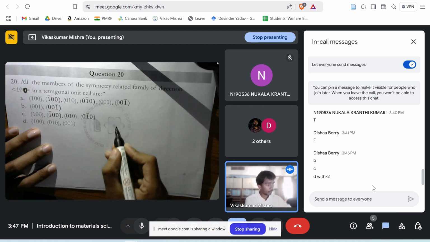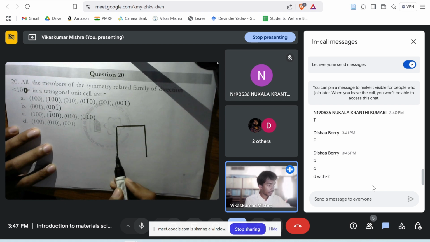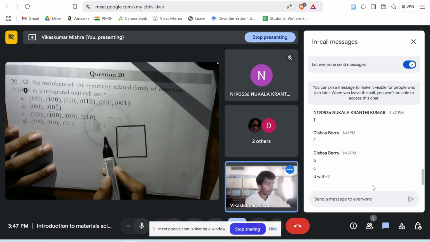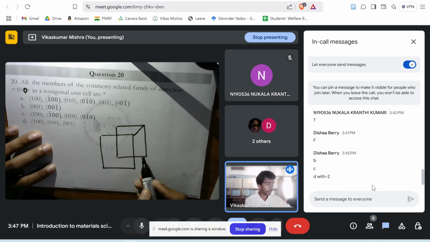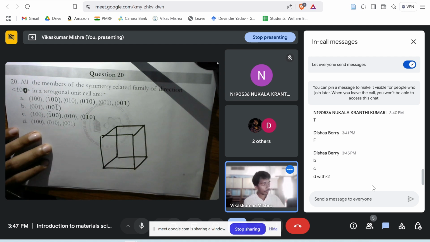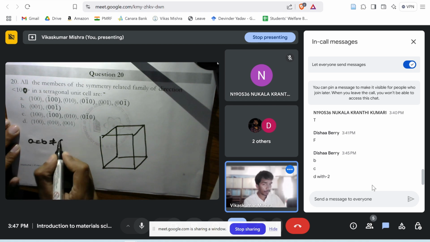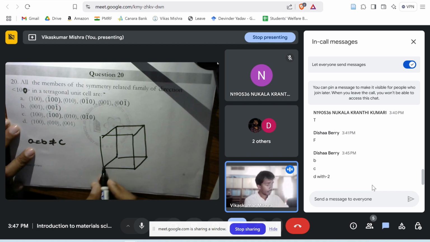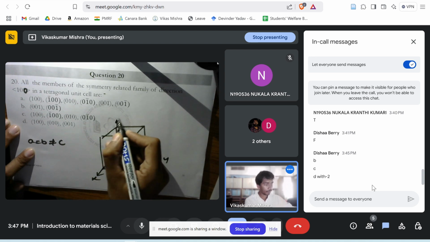In the tetragonal, let's draw it. We discussed this in the second or third question itself, that there is a symmetry problem in the tetragonal along the C direction. Here A equals B and it is not equal to C. Let us say this is the x-axis, this is the y-axis and this is z.